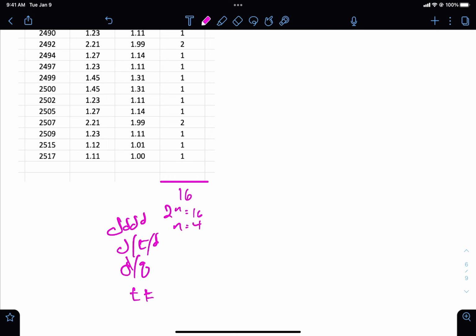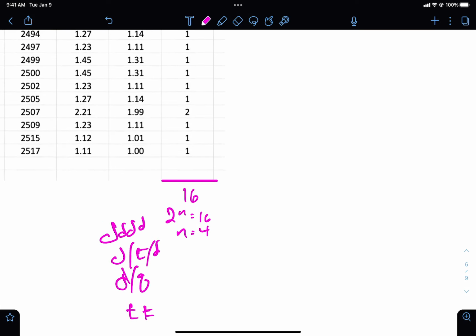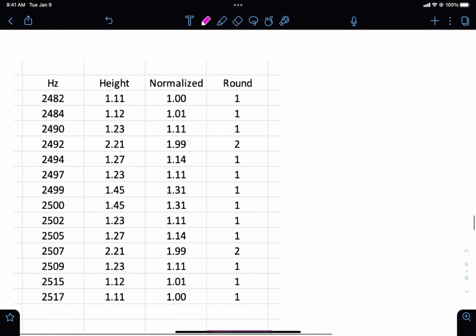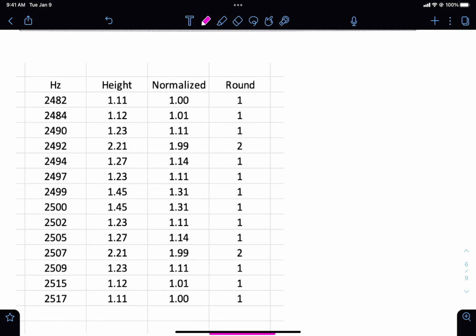So just like last time, we're going to start at the top of the list and ask, what is our first interaction? Our first interaction is a 1-to-1, which is a doublet, and the separation is 2.